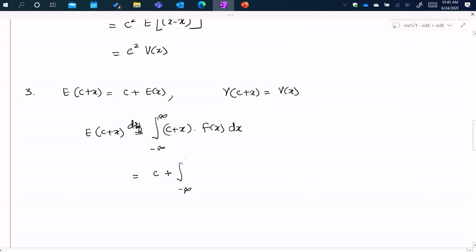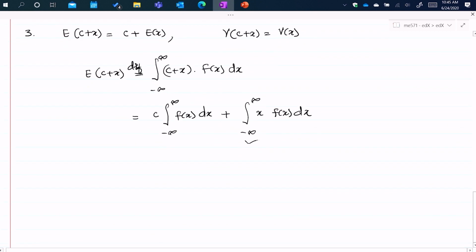So this is going to be c times the integral from minus infinity to plus infinity of f of x dx plus the integral from minus infinity to plus infinity of x times f of x dx. And this we recognize to be expected value of x, and this we know to be equal to 1. So this is going to be c plus expected value of x.